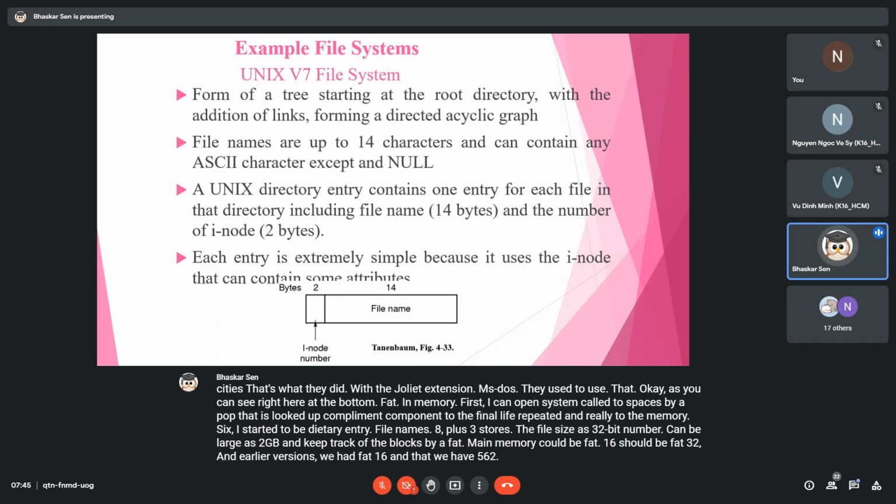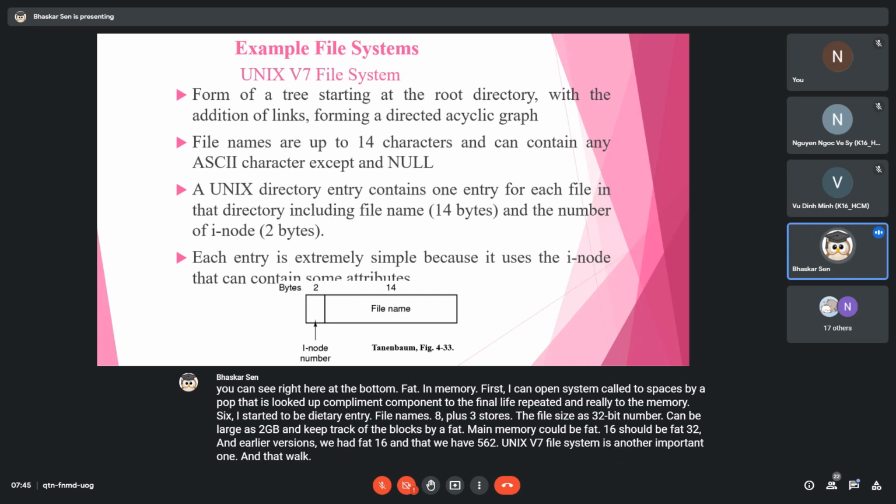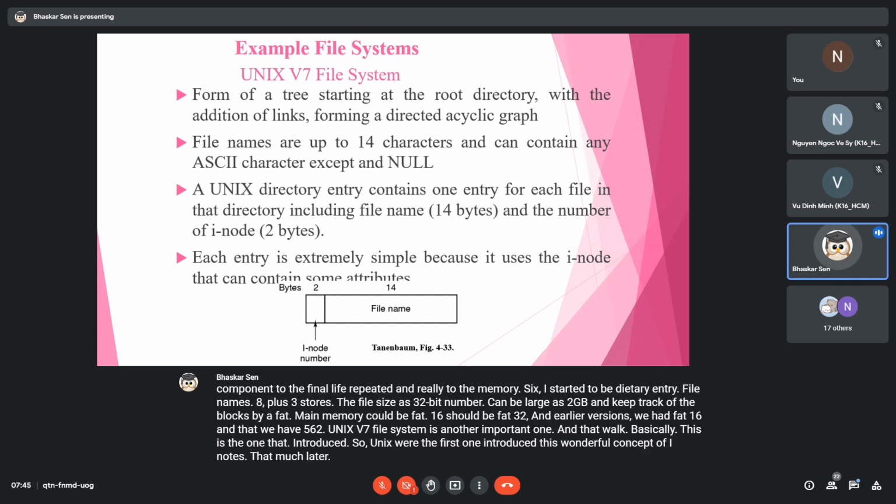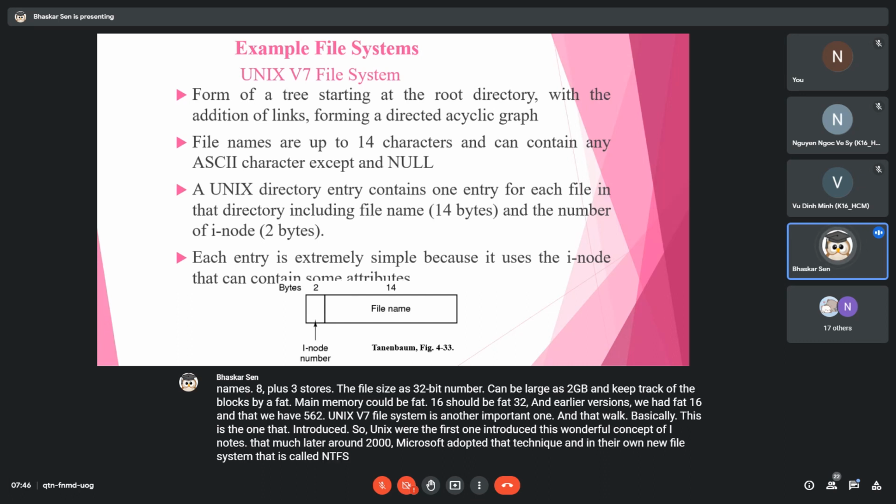The Unix V7 file system is another important one, and this is the one that introduced, so Unix was the first to introduce this wonderful concept of inodes. Much later, around 2000, Microsoft adopted that technique in their own new file system called NTFS, New Technology File System, essentially modeled after Unix V7.